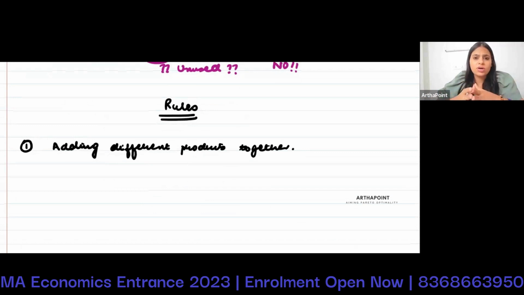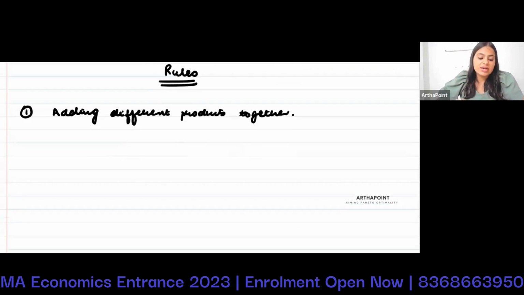I cannot go ahead and add cars to apples. How do I find out the GDP of the economy in which diverse kind of products are being produced? So the answer is that you should be taking the value of those goods at their market price.